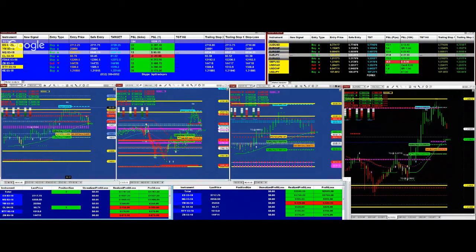If you followed the last one, you should have made over $1,000 based on one contract. With one ES, one YM, and one NASDAQ, you nailed those signals right now, in front of every trader.